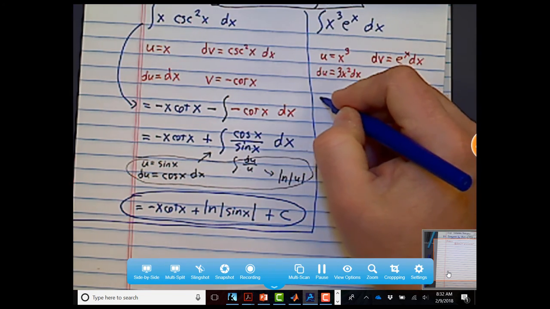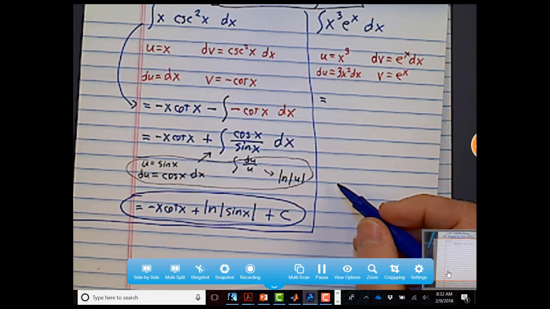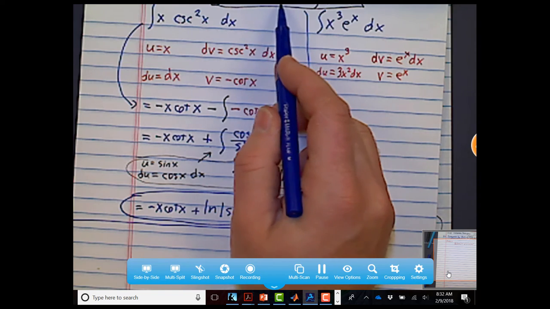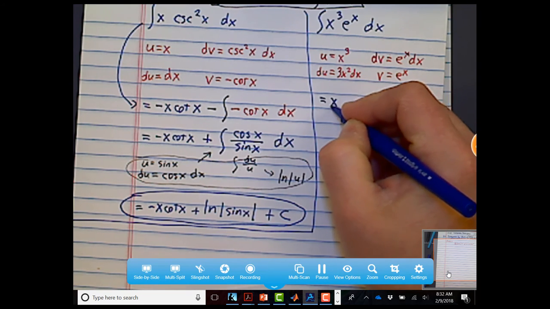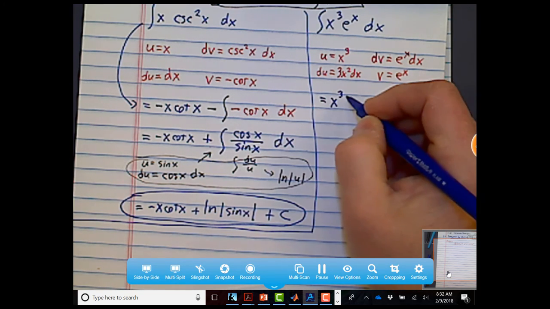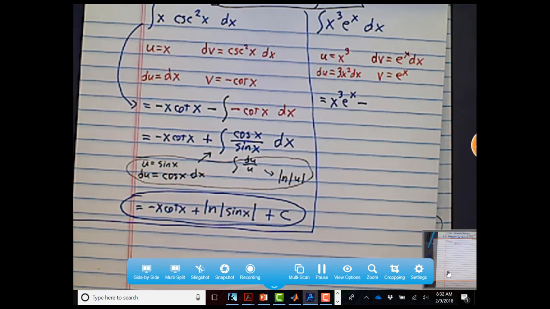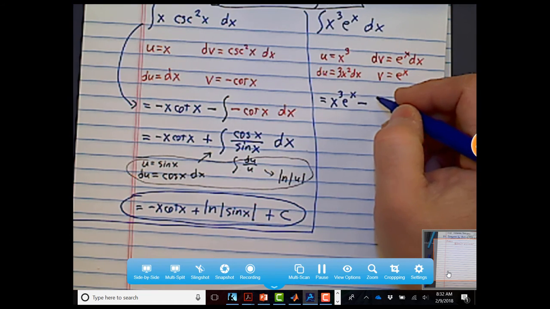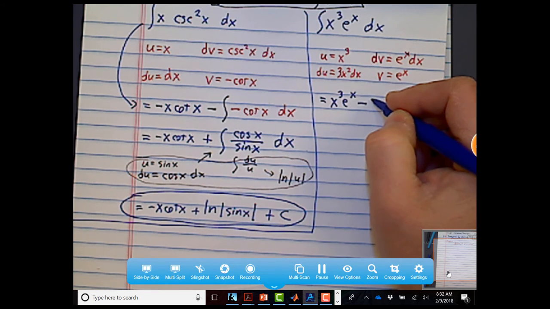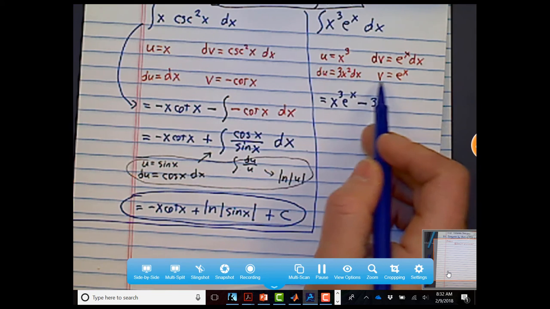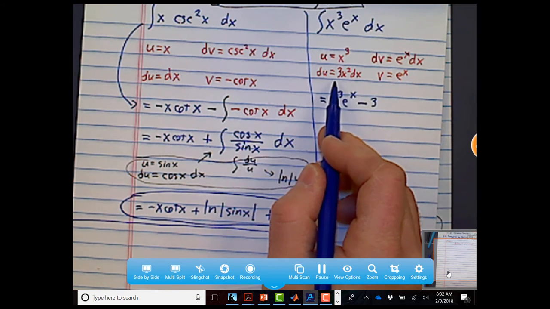So we get this is equal to uv, which is x cubed times e to the x, minus what? Well, I could say 3, because when I'm integrating v du, the 3 is a constant.